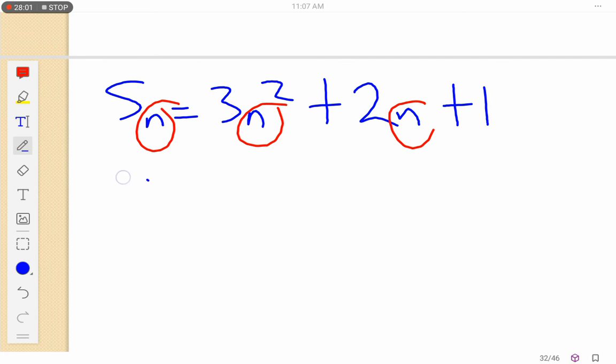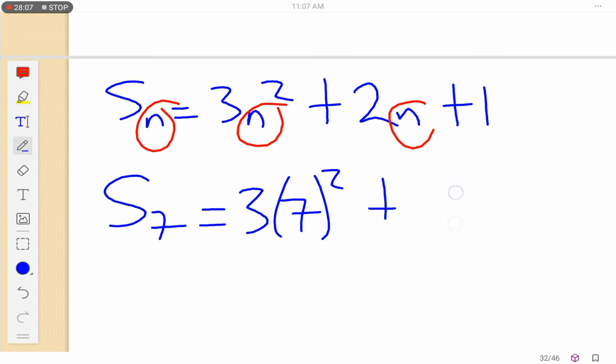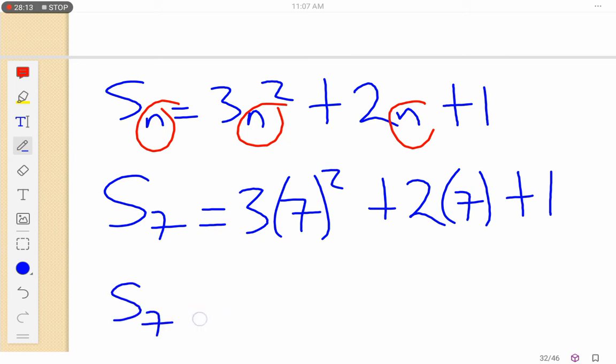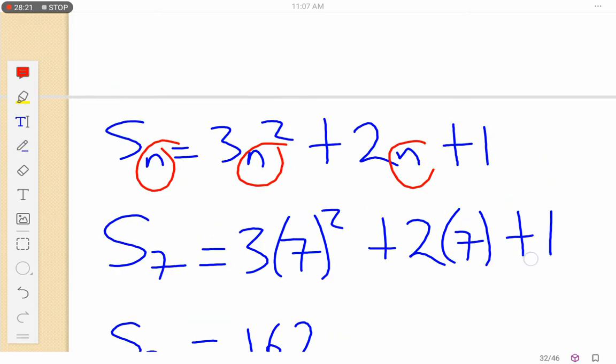At the end of the day, S7 is equal to 3 by 7 squared plus 2 by 7 plus 1. Simplifying that, you should get your S7, the summation of 7 terms, as 162.